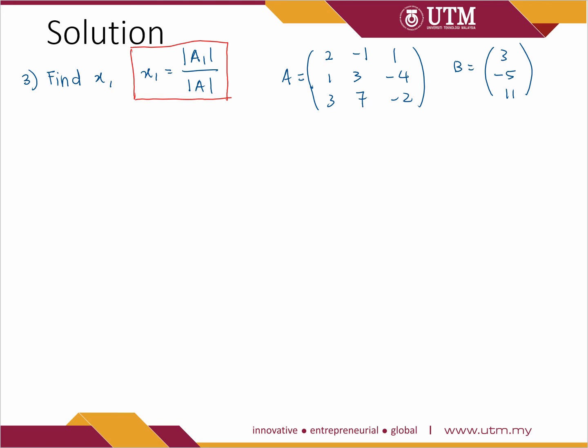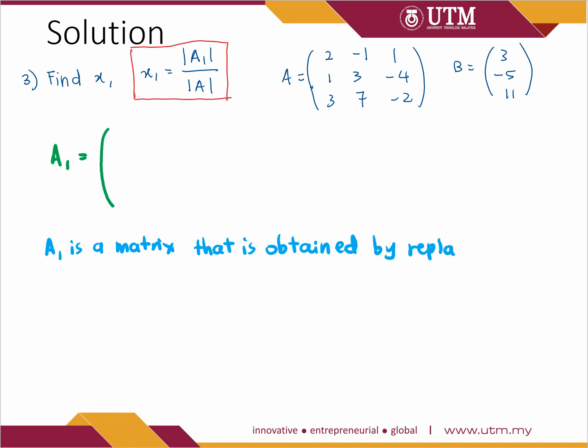In order to find the matrix A1, A1 is a matrix that is obtained by replacing the first column of A by matrix B.